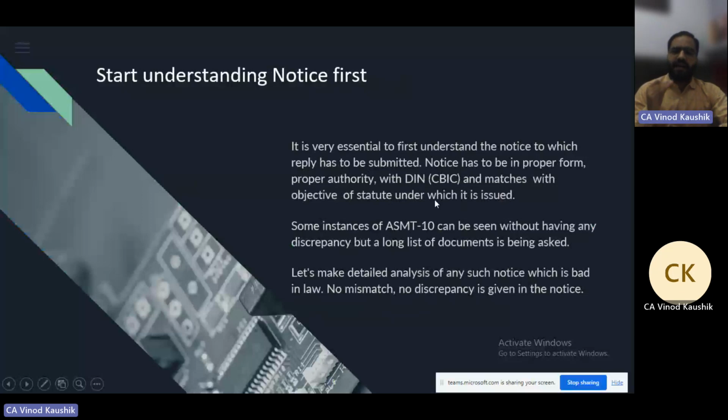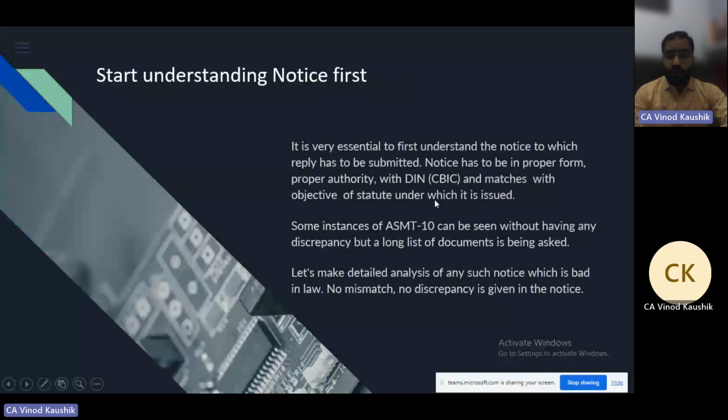Some of the critical acts need to be done by the senior officers. And the show cause notices, the summons and the ASMT etc. are generally issued by the superintendents, or you can say GSTOs or assistant commissioners. So every time we need to check the authority who is issuing that form.